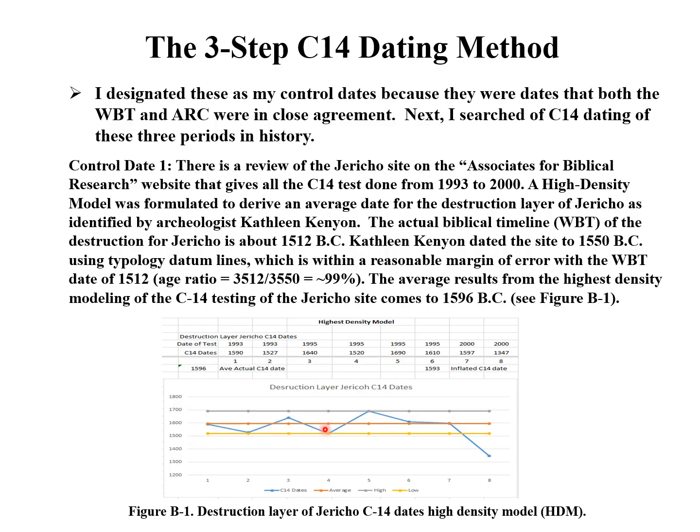Here's the upper threshold of those dates, and here's the lower threshold. As you can see, this one is outside of the high density modeling. And then we have our average date, which came to 1596, and we can see that's quite a bit of difference between the 1512 and the 1596. So there we go. That is for the Jericho site.